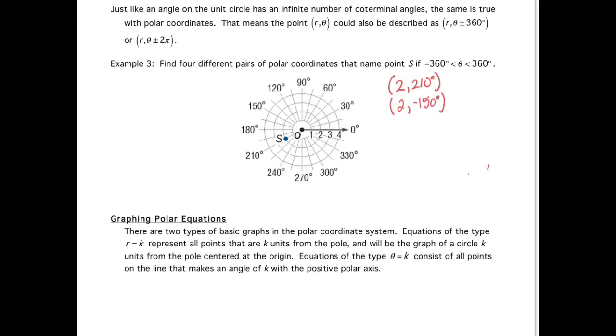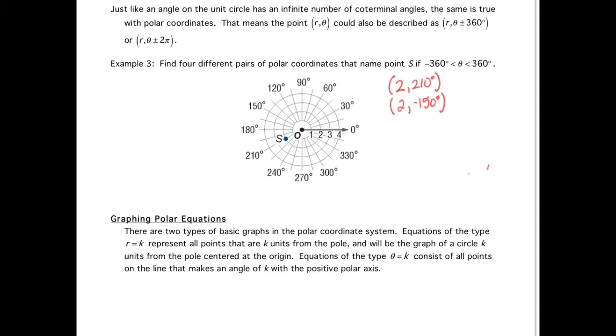That's the same thing I would do if I did 210 minus 360. Now if I added 360 to 210, I'd be outside of my allowable range for theta. And if I subtracted 360 from negative 150, I'd also be outside my range.